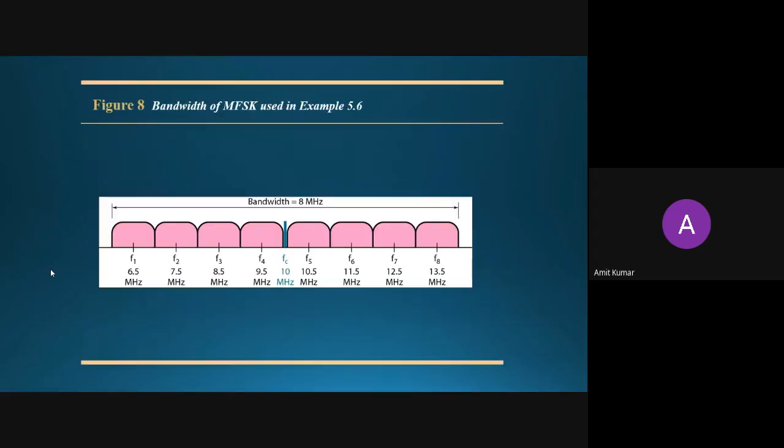And this is the graphical representation. If you have any doubt up to this, you just ask me.